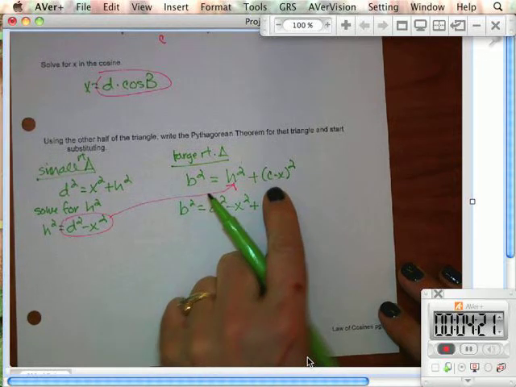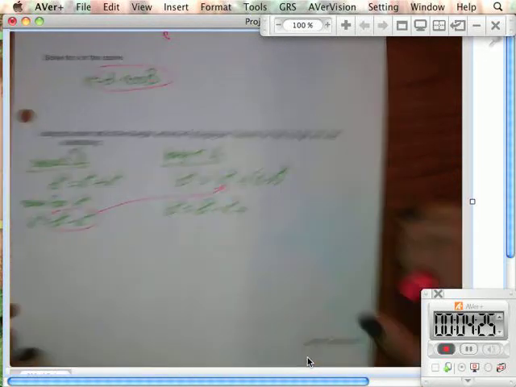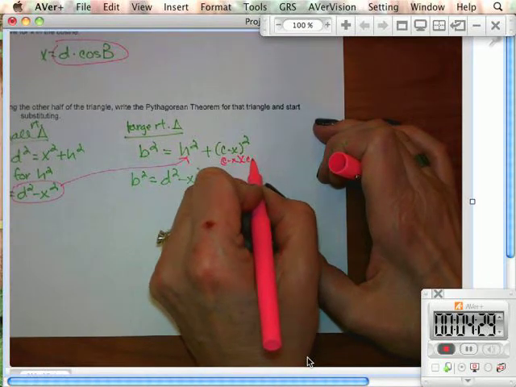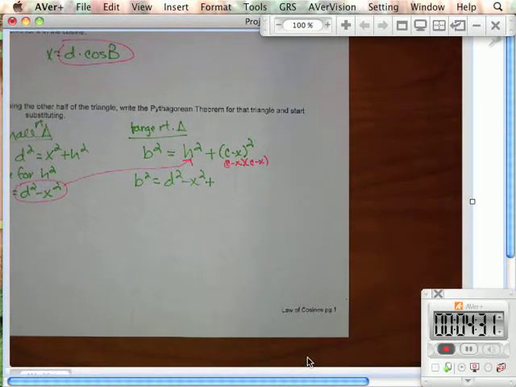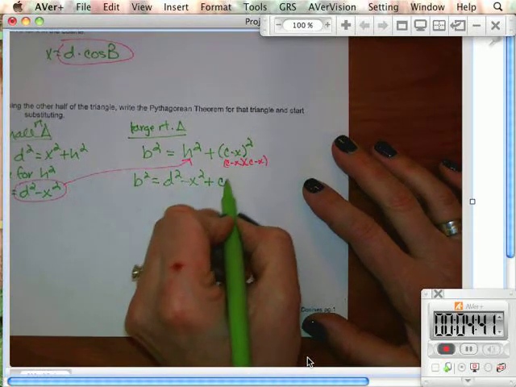So before I write anything else here, let's think about what this means. This means C minus X squared. You don't have to really necessarily write this, but that means that, right? So we've got to FOIL that. So what's the first thing? C squared. C times C is C squared.